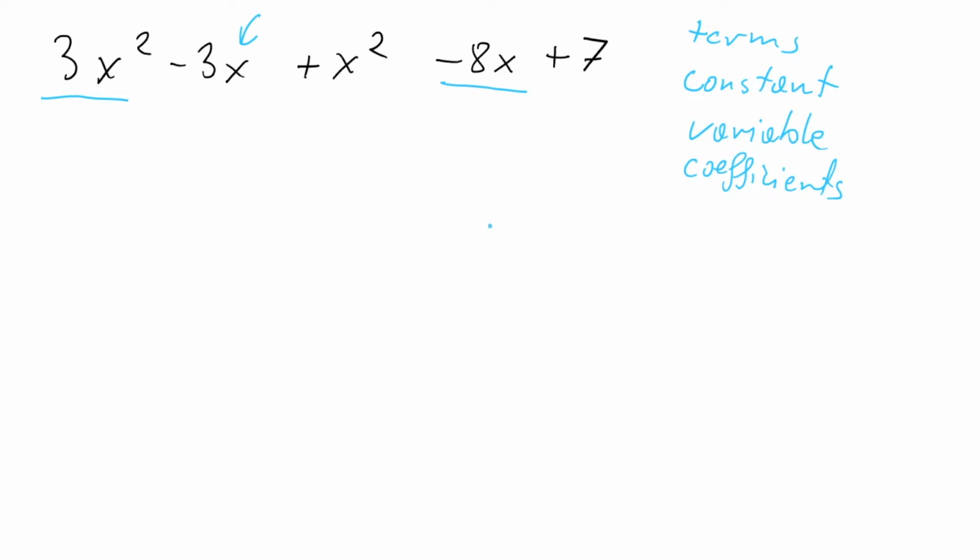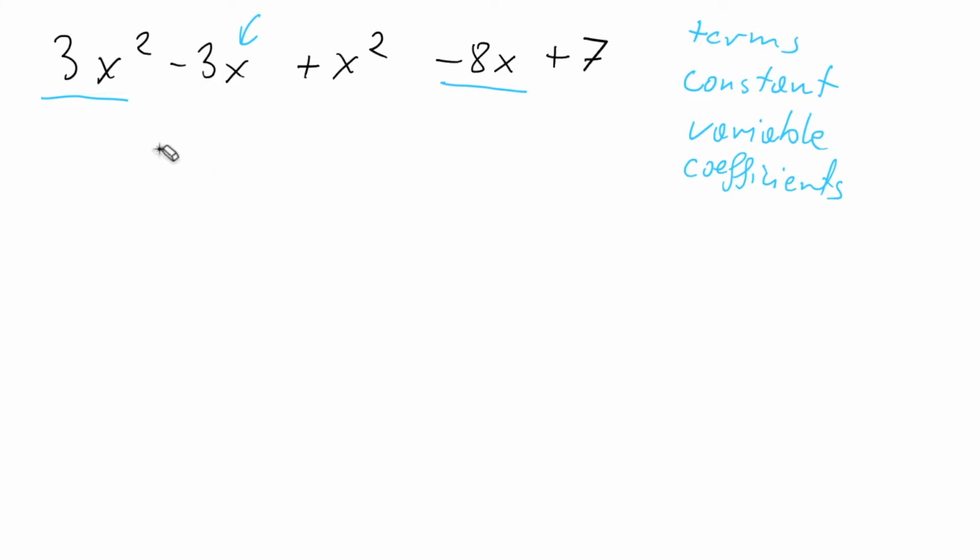So that's all well and good, but what we want to do with an expression like this is to tidy it up, simplify it in such a way that the number of terms in this expression is as low as possible. In order to do that, we can add like terms and then see what we end up with.